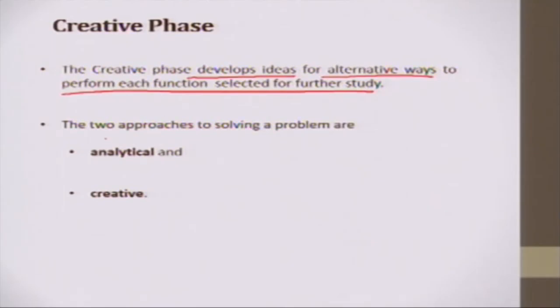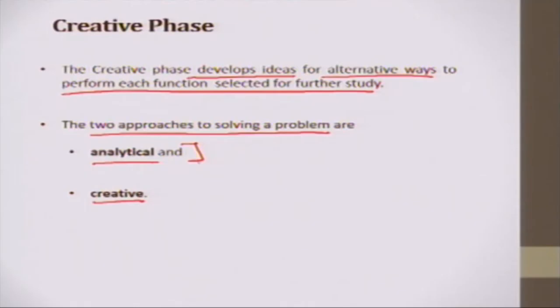There are generally two approaches in problem solving, analytical and creative. Analytical approach is the general cost reduction technique. In the analytical approach, the problem is stated and a direct step by step approach to the solution is taken.